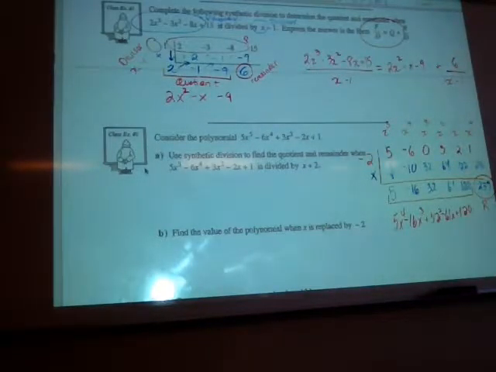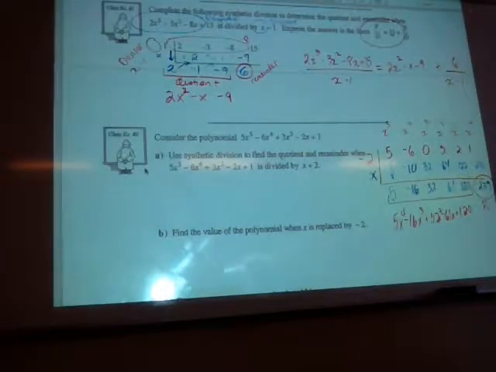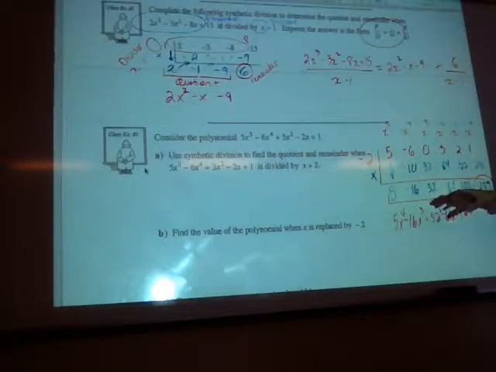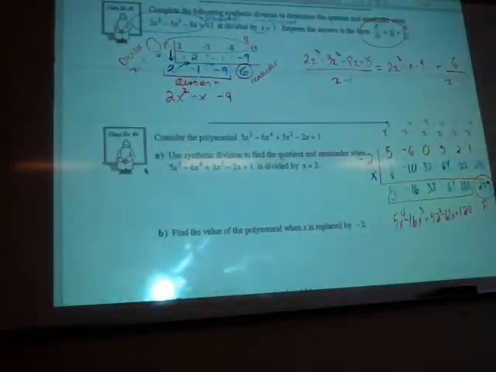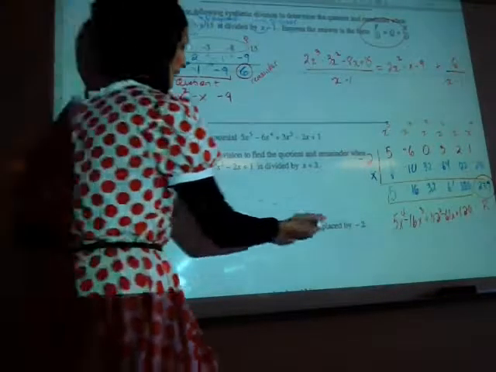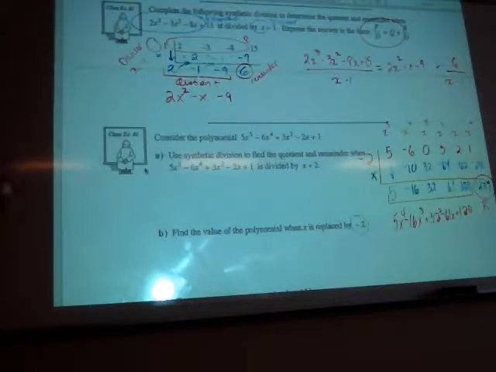Okay, thanks. So for part B, I'm just going to show you guys a shortcut. If you're ever asked only to find the remainder and you're not concerned about finding the quotient, just the remainder, there's a little trick. Finding the value of the polynomial when x is replaced by negative 2 will give us our remainder. Where did we get this negative 2 from? The divisor.